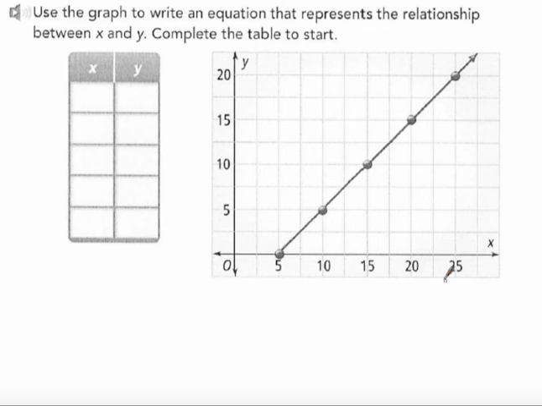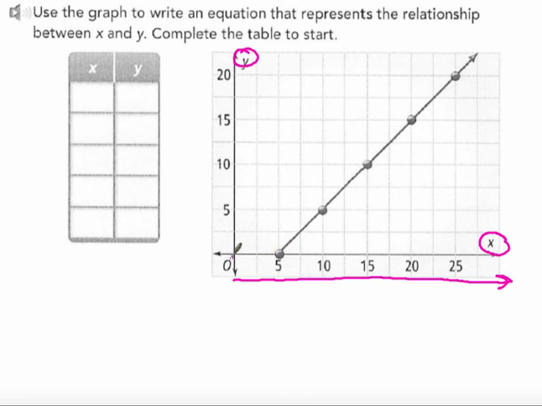All right, last problem. This one looks like I need to look at this graph and use it to fill in my table. So remembering that my horizontal or my side to side is my X and my up and down or my vertical is my Y, let's fill in the chart.